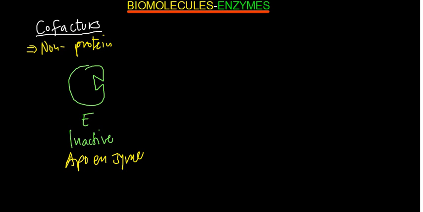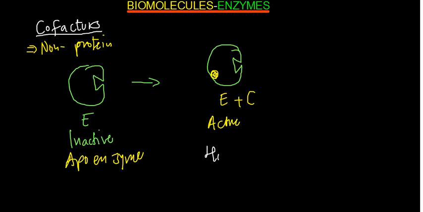Now, when you have this enzyme activated, how is it going to be activated? It is going to be activated by the attachment of its cofactor. So let's say the cofactor attaches somewhere there and then the enzyme is now active. When you have the enzyme plus the cofactor, the enzyme is active, and that is referred to as the holo enzyme.